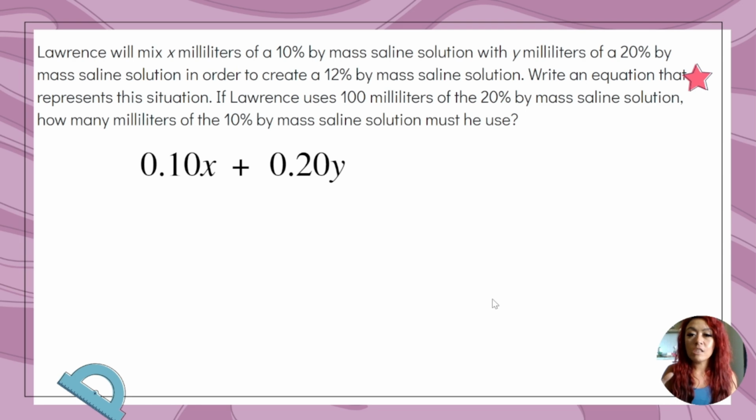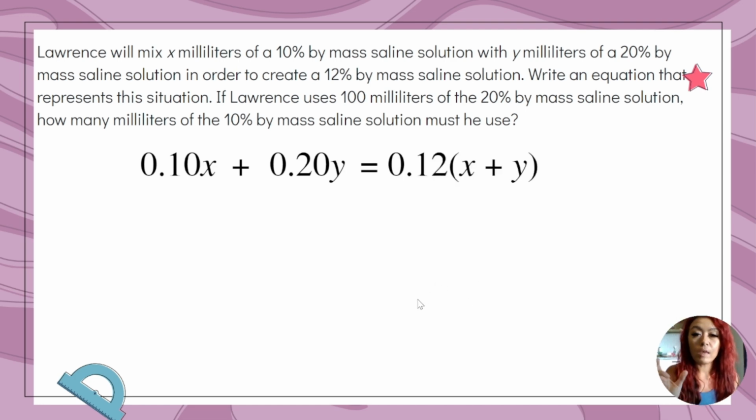So now he's mixing these two by mass saline solutions in order to create, right? To create, which means if he's mixing them together, he's adding them together. When he adds them together, it will be equal to the 12% by mass saline solution that he's creating, right?